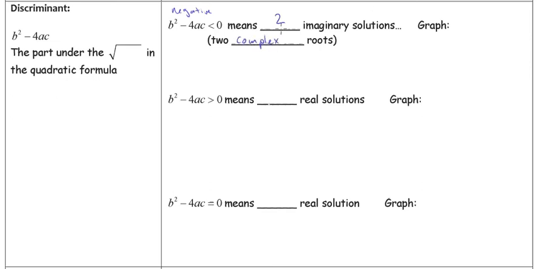Okay, your graph for this, there's nothing wrong with the graph at all. It's just a parabola opening upward and is above the x-axis, or a parabola opening downward and being below the x-axis. See, there's no roots. It never touches the x-axis, and so we would get two imaginary roots, or two imaginary solutions.